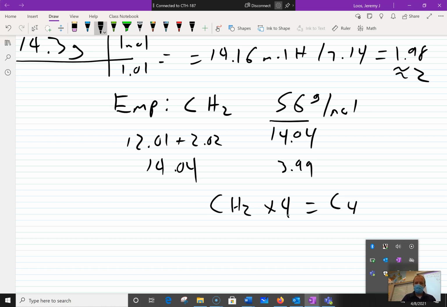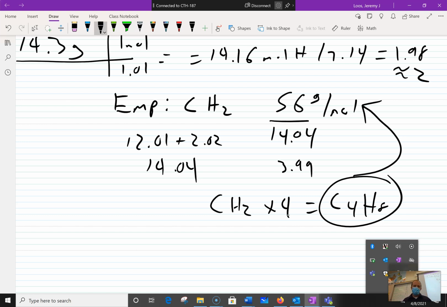C4H8. And if you wanted to check your answer, does that actually add up? Which it's going to. But if you make a mistake somewhere along the way, it won't add up right. Questions about that?